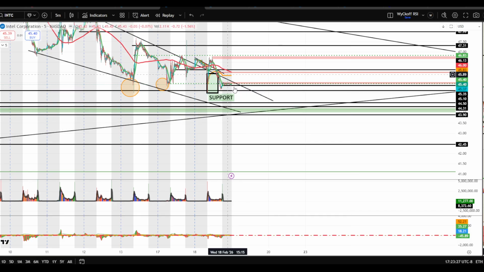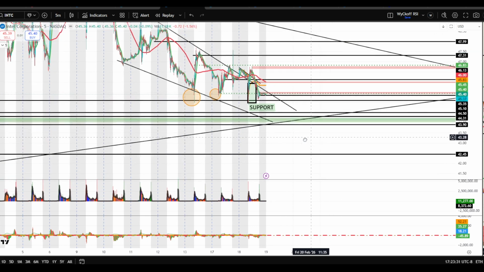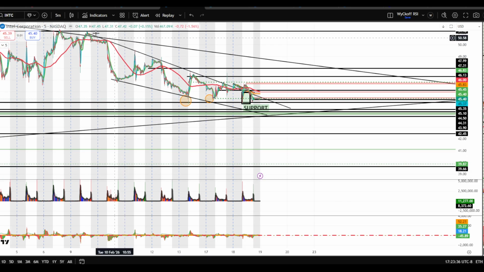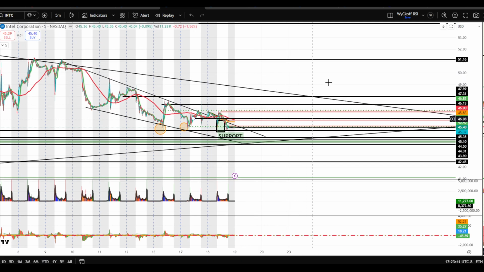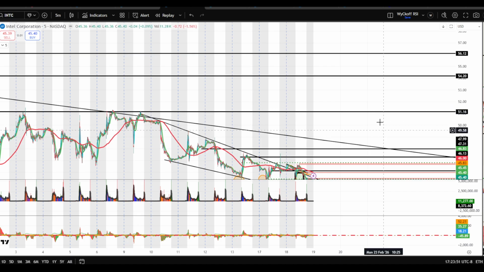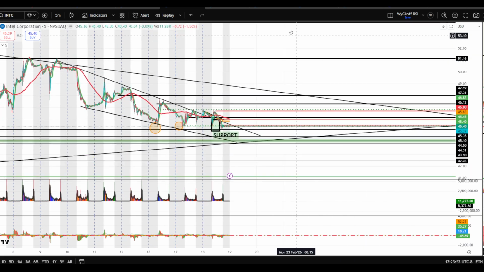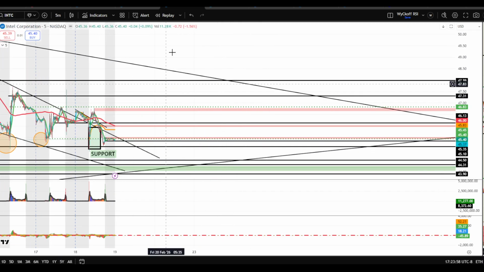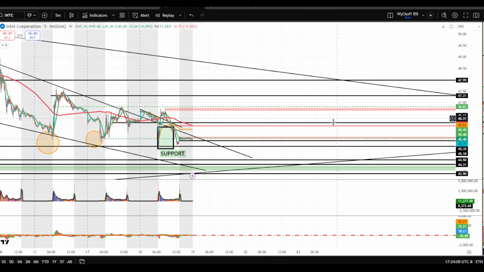So it could go all the way to these levels before it makes an attempt to break out once again and retest these $50 levels, but it's got various resistance levels to get through before it makes an attempt to break this very strong resistance area of $51. But that's just an idea. Those are just things to consider if you're going to trade this tomorrow.